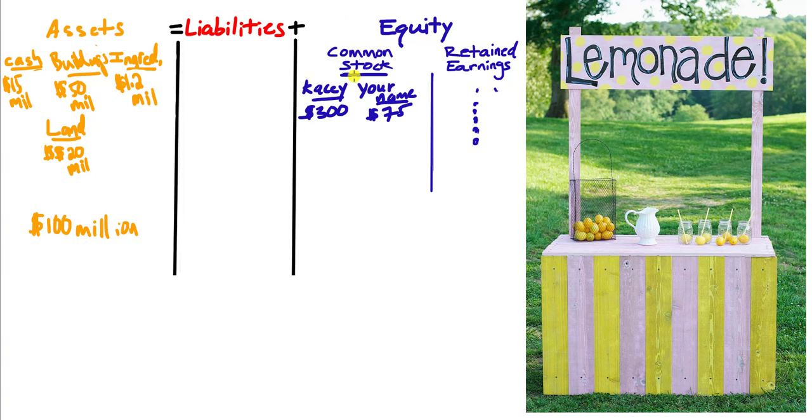Let's say she also accepted no external contributions in exchange for common stock, and she didn't put in any personal money as well. So in the case of no liabilities and no common stock changes, net worth of $100 million, the retained earnings account must be equal to $100 million minus this little $300 investment and $75 investment 20 years ago that's somewhere distributed amongst these assets.